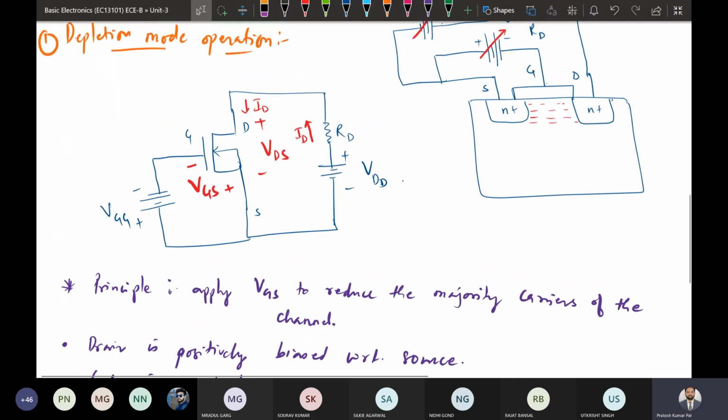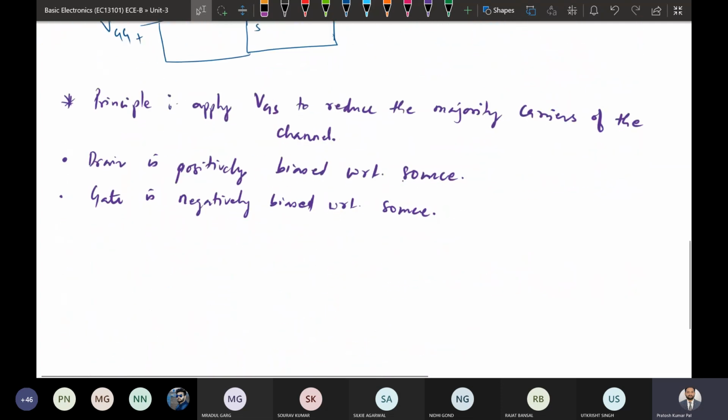So the first condition we will see here is, if we are applying gate to source voltage such that VGS equals 0. If VGS is equal to 0, at that time what will be the condition of operation?